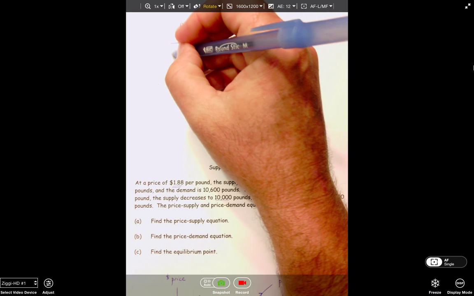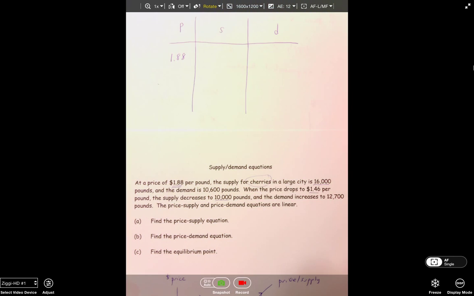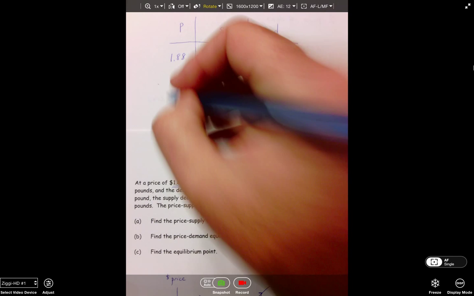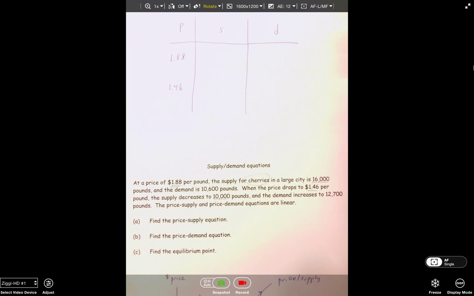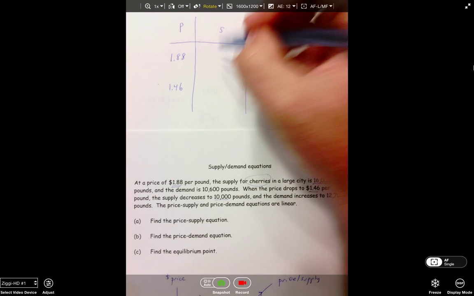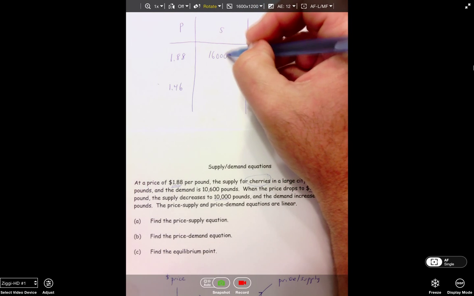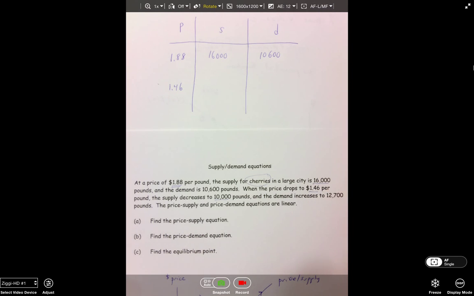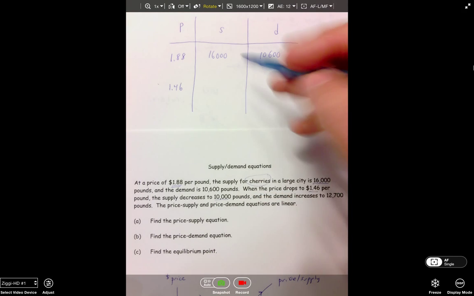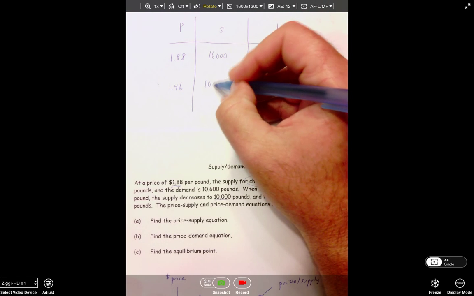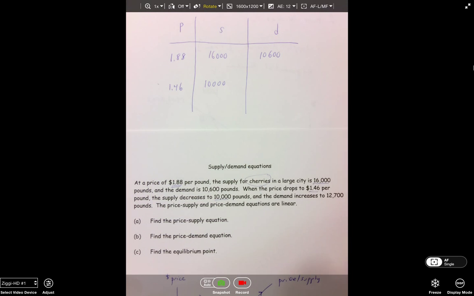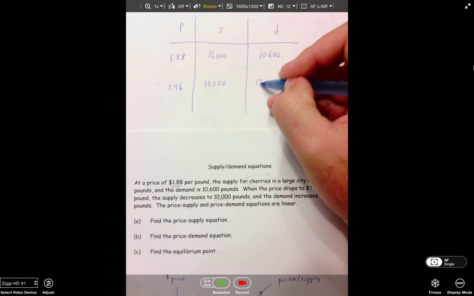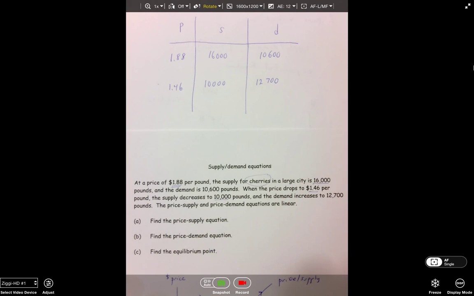But nevertheless, when we have a price of $1.88 versus a price of $1.46, we know that the supply is 16,000 and we know that the demand is 10,600. When the price is $1.46, the supply decreases to 10,000, and the demand increases from 10,600 to 12,700.